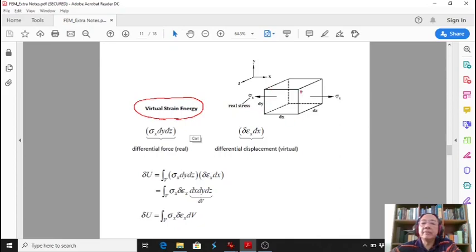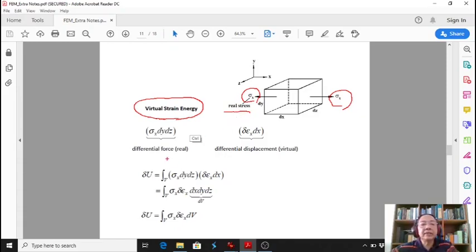We consider one element of dimensions dx, dy, and dz, with axes x, y, and z. This element is subjected to stress sigma x on this side. We call this the real stress. We have no virtual quantity here; this is real stress.